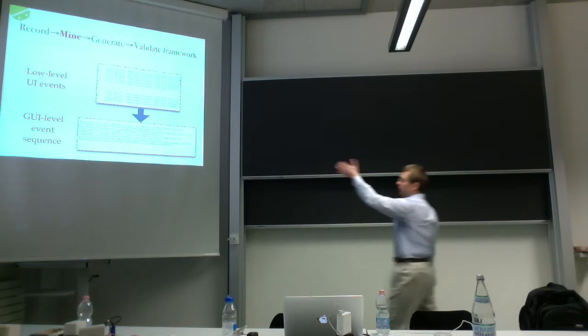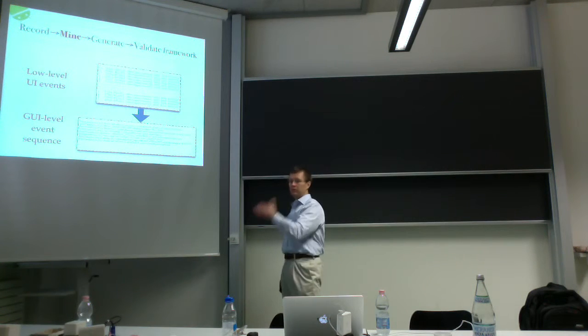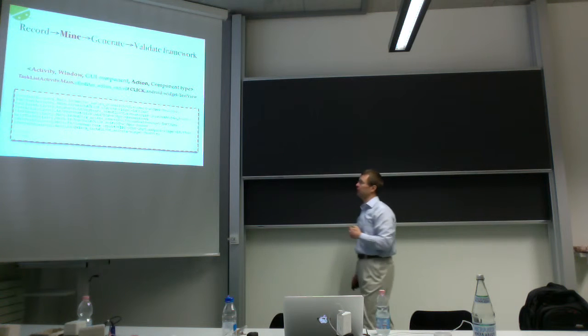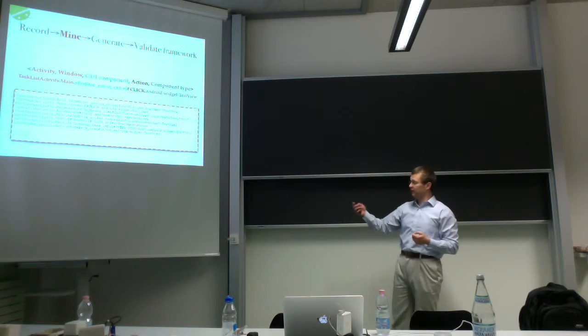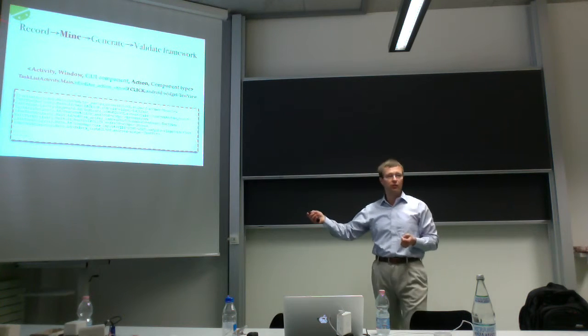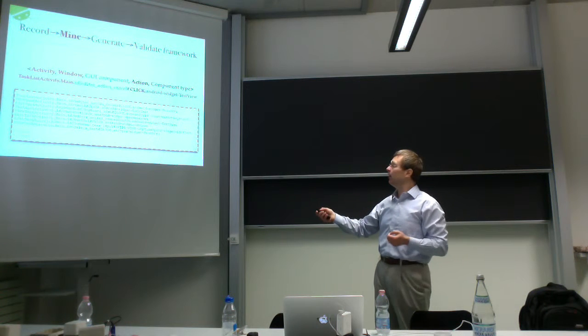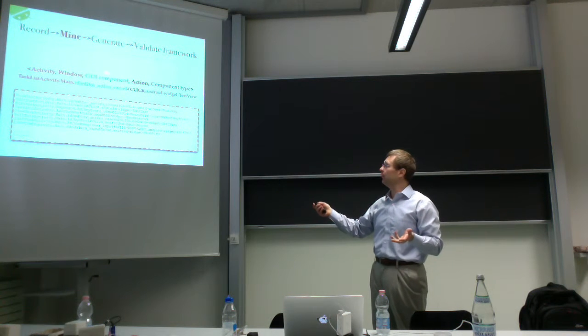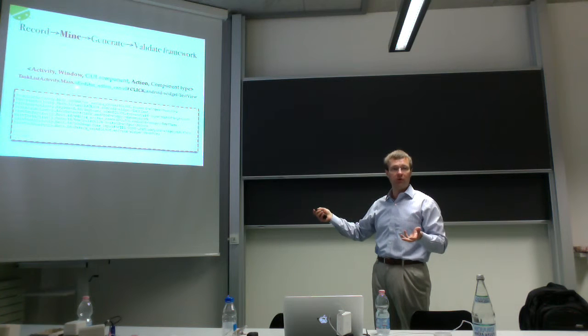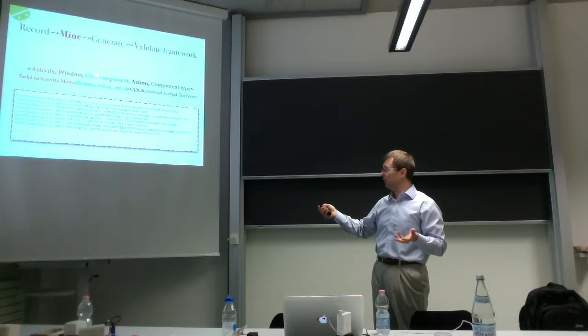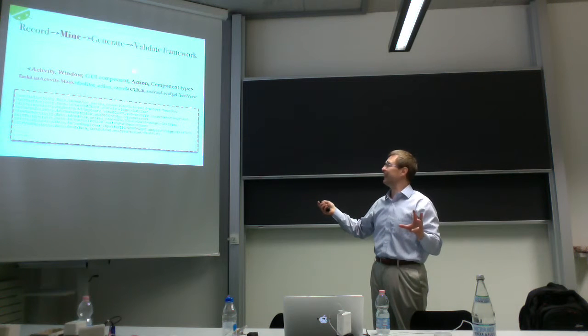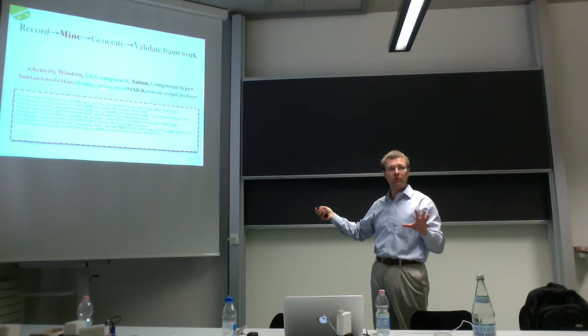So in order to get from these low-level UI events to these higher-level GUI-level event sequences, and by the way, these are the type of tokens that we would like to set up on purpose, which essentially are tuples. We have a GUI component that we know belongs to a certain window, which appears within a certain activity, and we know that in this particular case, this is the action that we performed on this GUI component, and this is the type of this GUI component.